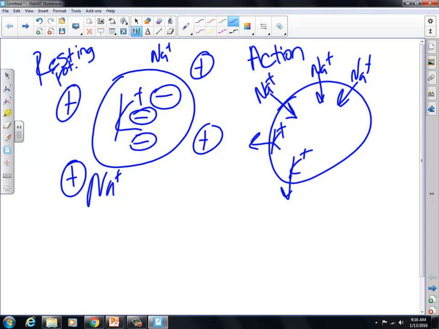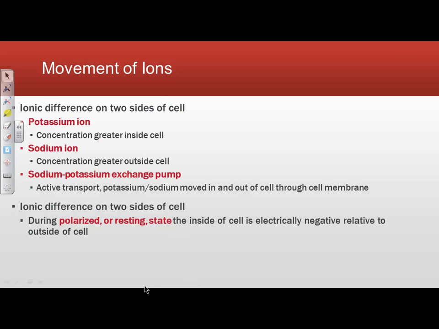Now, we'll look at this again in just a few minutes. So this is your action, and this is your resting potential. When my cell is in its resting potential, it's also thought of as being what?